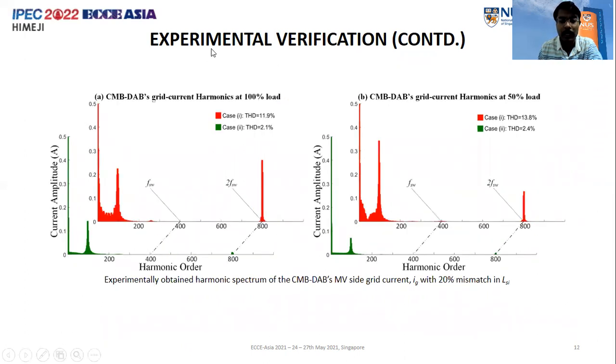Whereas when we look at the experimentally obtained harmonic spectrum for the single stage conversion prototype, at 100% load or 50% load, we can see the dominant harmonics at twice the switching frequency, and they get attenuated when the power balance controller is activated in case 2, that is the green one.